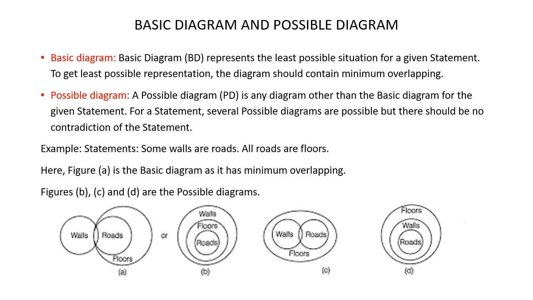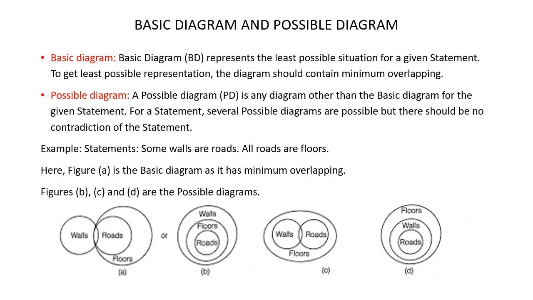Now let's understand basic and possible diagrams using an example. Look at these statements. Some walls are roads. All roads are floors. Now here, this figure is the basic diagram as it has minimum overlapping. These figures are the possible diagrams.